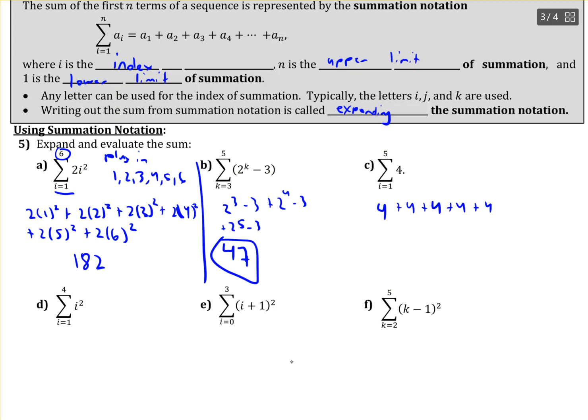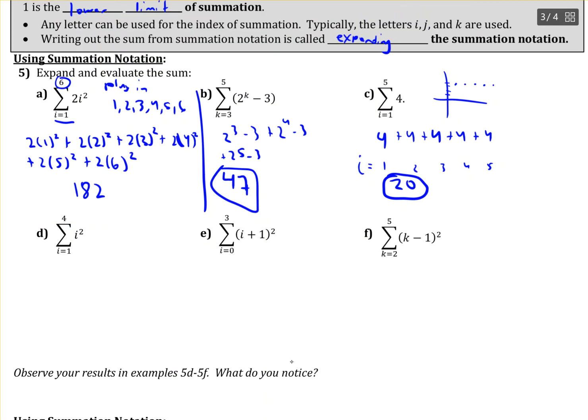So basically what this is saying is, this is i equals 1, 2, 3, 4, 5, and each time, since there is no i in there, the value of our function is 4. Another way to look at it is if we were to graph it, y equals 4 is just a straight line. We're just going to add up 4 plus 4 plus 4 plus 4 plus 4, and I get 20 as my answer.